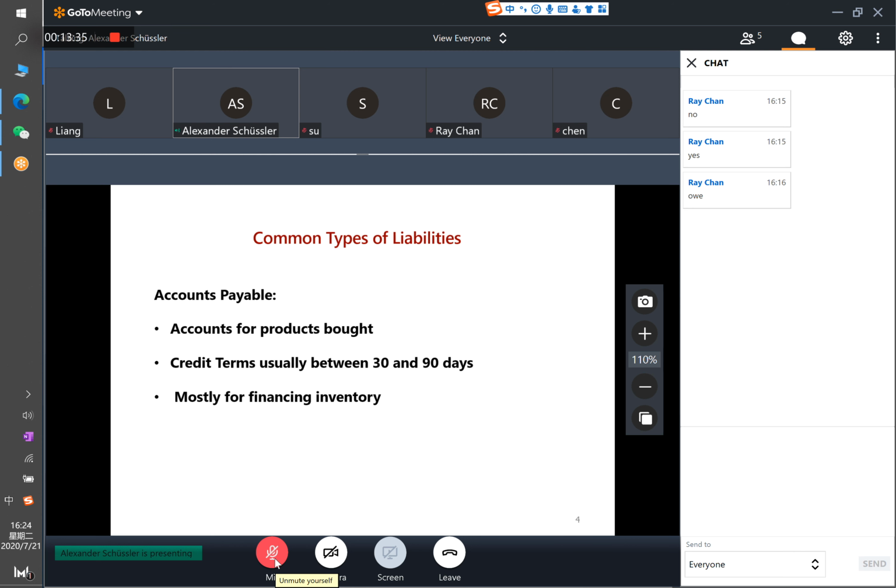They are typically short-term, and buying merchandise is the most common transaction for a merchant. That's why they have a lot of accounts payable. Usually the credit terms that you get when you have an account payable are 30 to 90 days. It's mostly used for financing inventory.